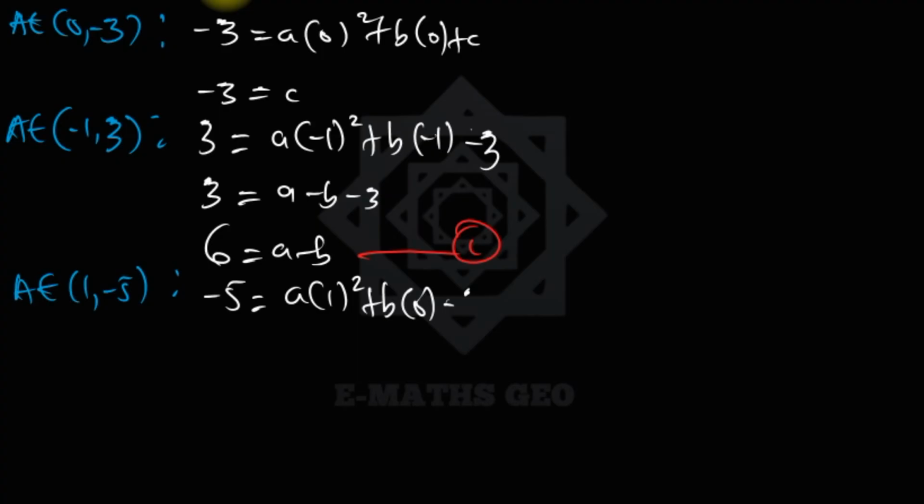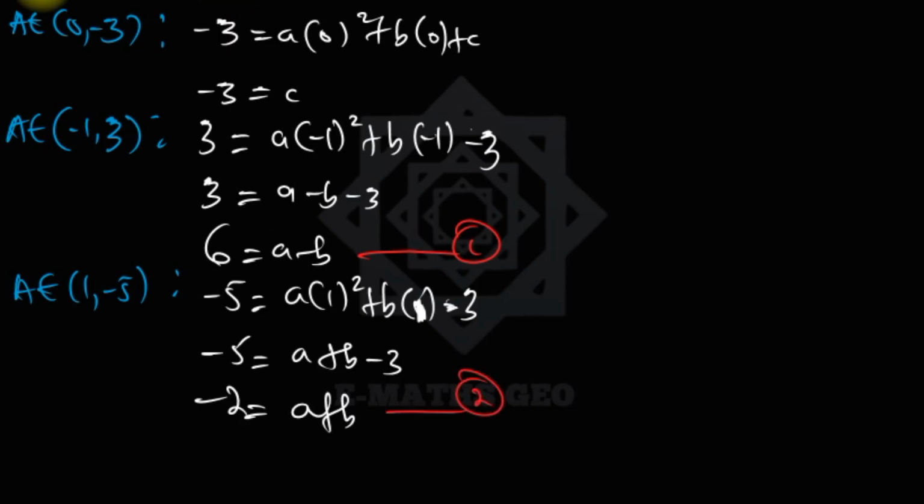I've told you that's the reason I got it first. So this is a, this is 1, sorry, so this is plus b minus 3. So I have that minus 2 equals a plus b. That gives equation 2.